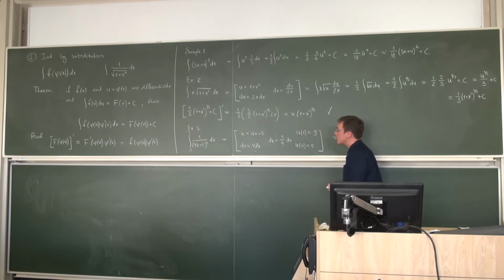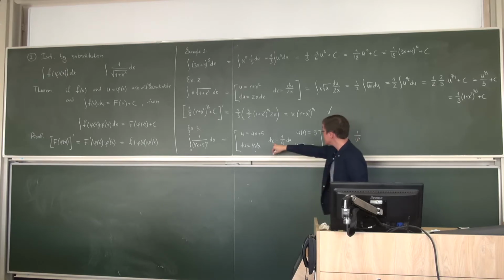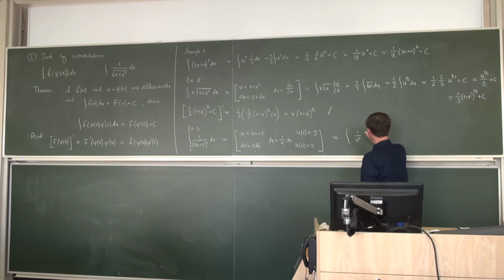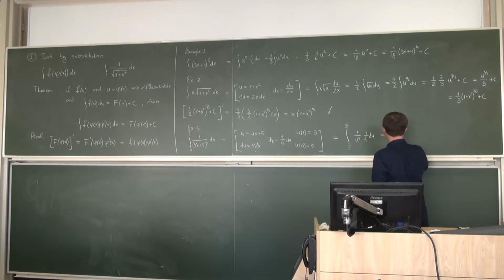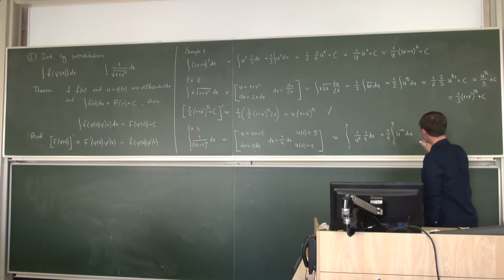So, doing the substitution, integral 1 over u to the 4th, dx is a quarter du, and the limits are from 5 to 9. Quarter gets in front, integral from 5 to 9, u to the minus 4 du.